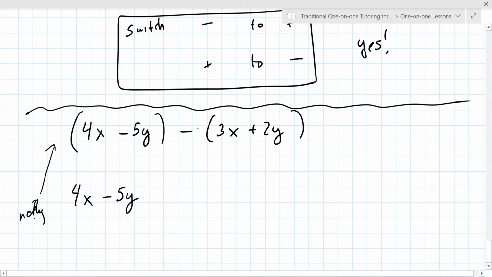But here in the middle, there's a subtraction symbol. So what does that do? Well, you have to distribute that to both of these. Do you see that from previous problems? So this becomes minus 3x minus 2y, because these were positive and now they're negative.